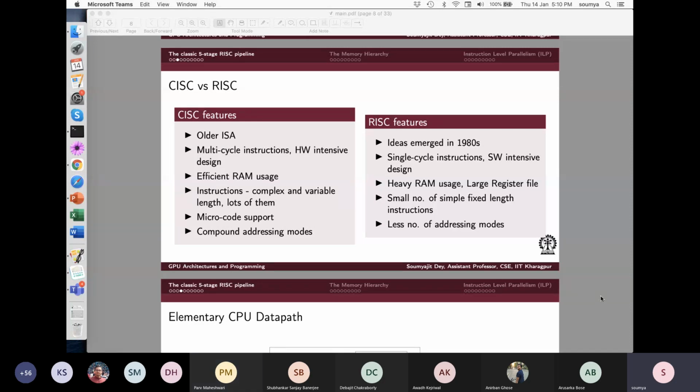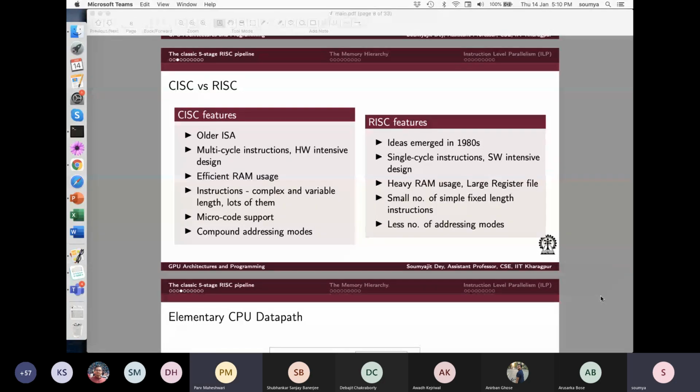In CISC processors, that is there. So in that way, every CISC processor has a layered architecture. At the top, you have complex CISC instructions, but at the lower level, you have simple instructions or microcodes.